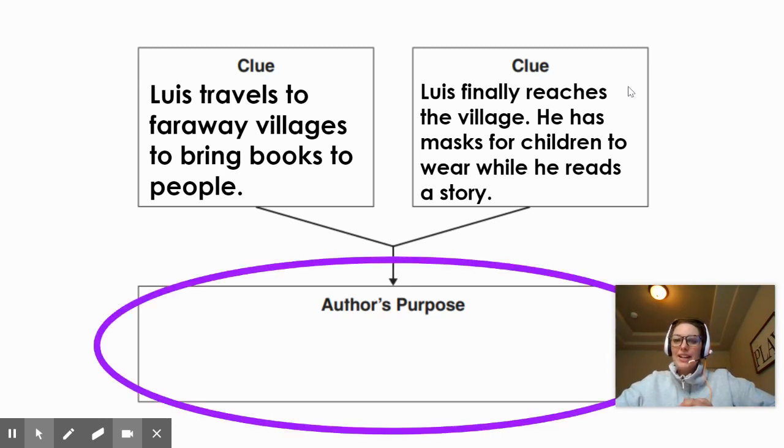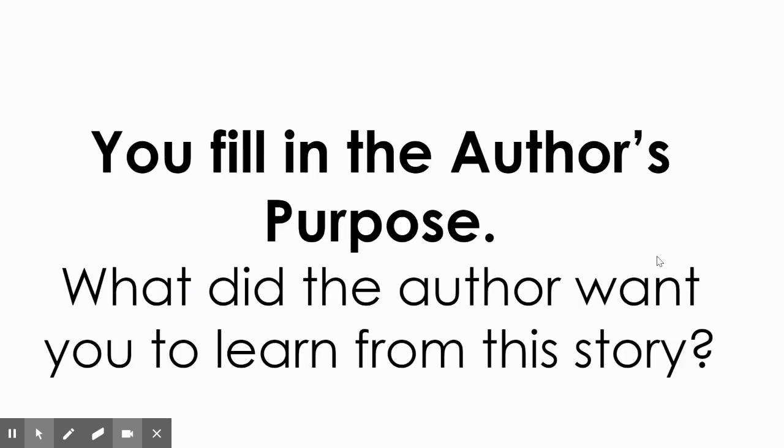So this section is what you are going to do on your own. You are going to write down the author's purpose in your own words, thinking, why did the author write this story? You will fill in the author's purpose by asking yourself, what did the author want you to learn from this story?